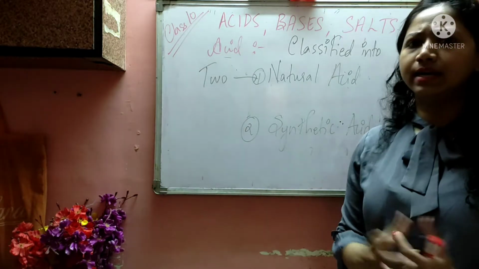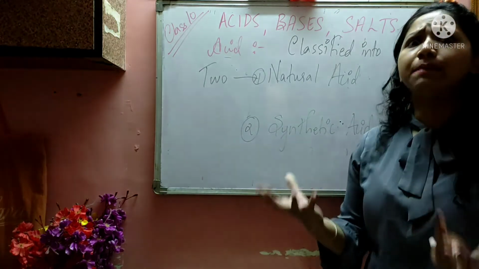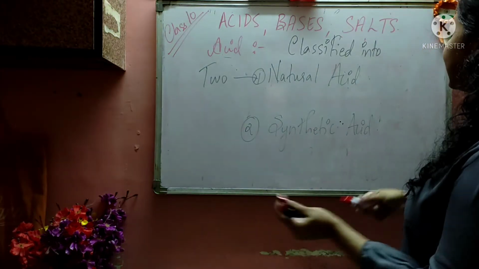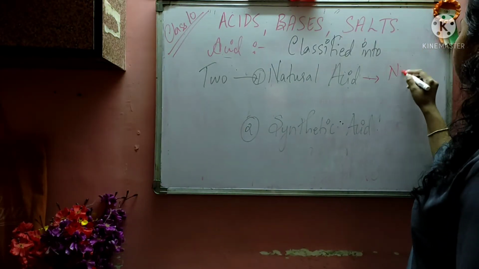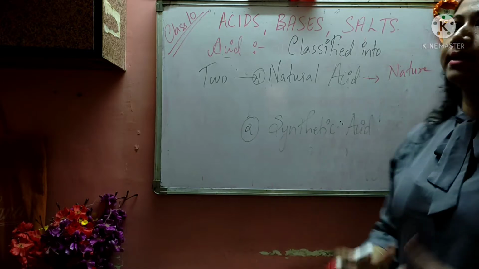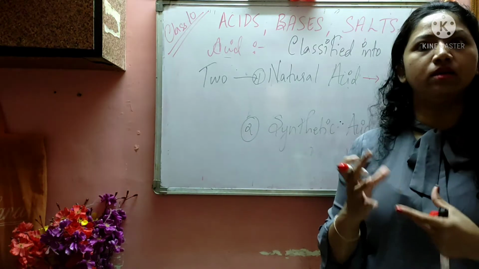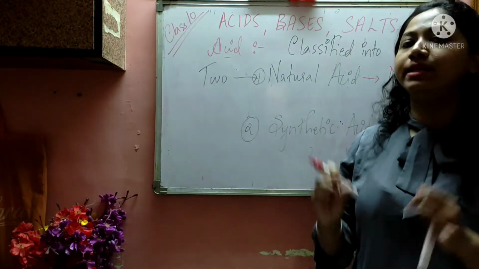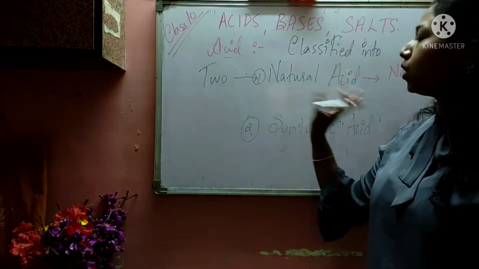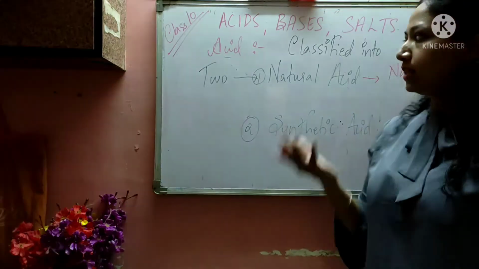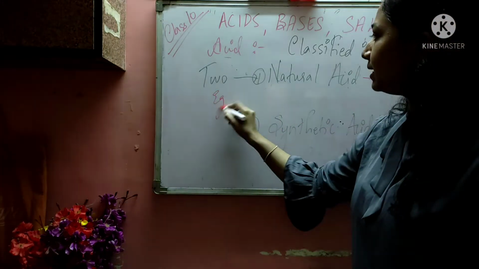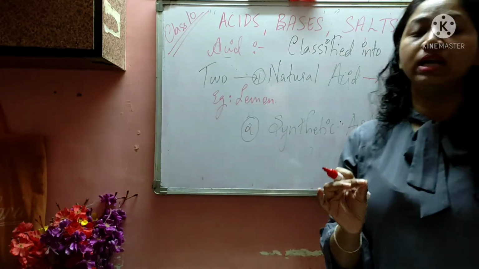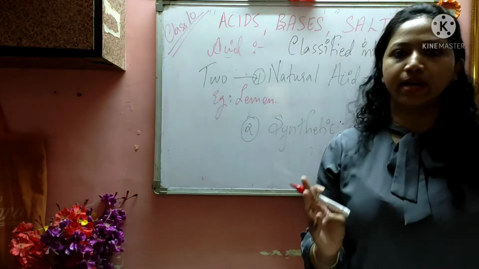What is natural acid? It goes by name: the substance which you get from nature, derived from plants and animals, is called natural acid. Examples: lemon contains citric acid.